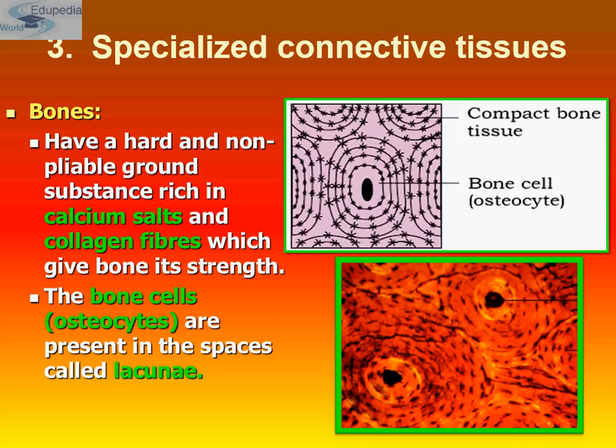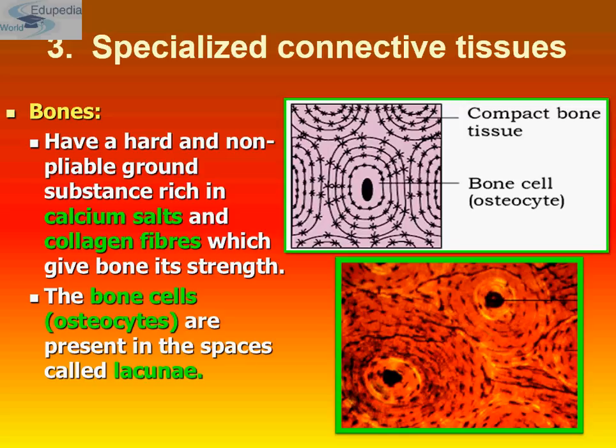Bones are rich in calcium salt and collagen fiber, which give bone its strength. It is the main tissue that provides the structural framework to the body. Bones help in support and protect softer tissues and organs of our human body.